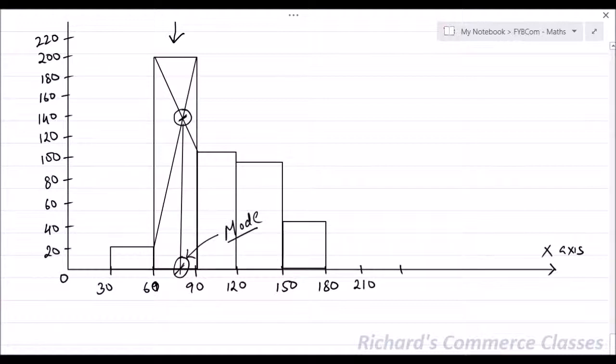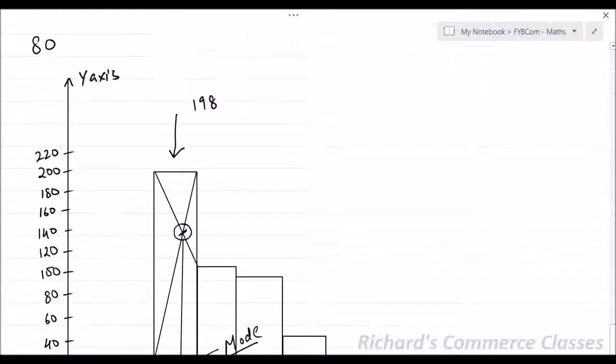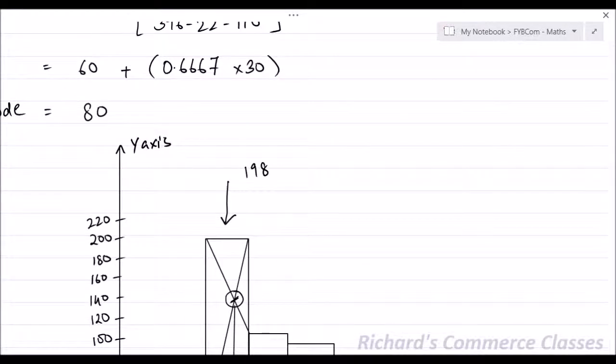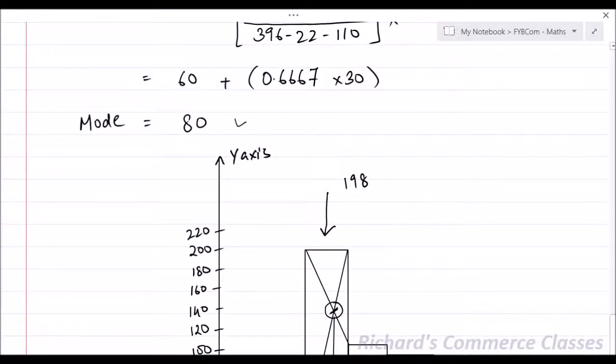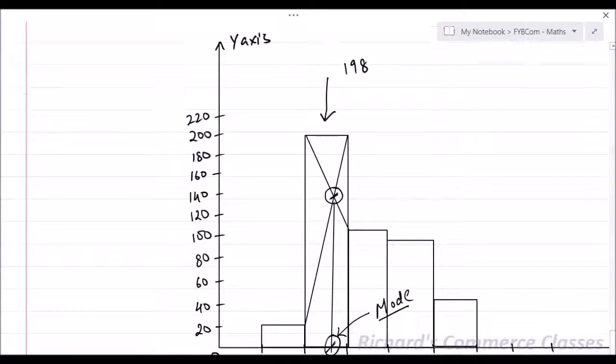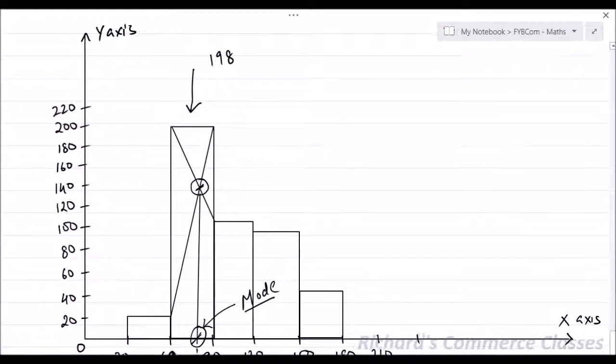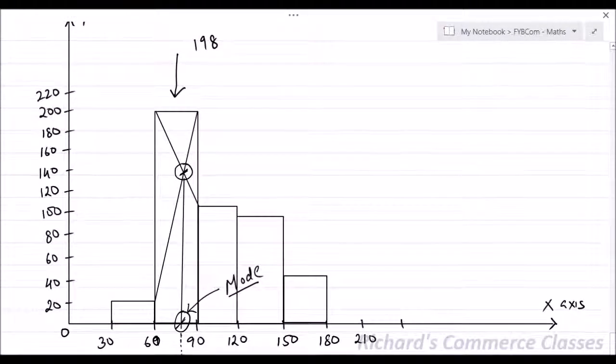And if you see, it is somewhere close to 80, which was the answer that we had got by using the formula. Mode according to our formula was 80. And since this graph is not exactly on the graph paper, the value is somewhere close to 80. So this is how you obtain mode graphically.